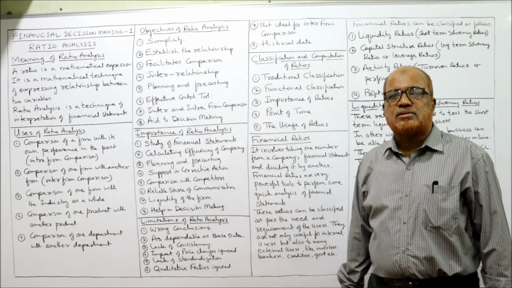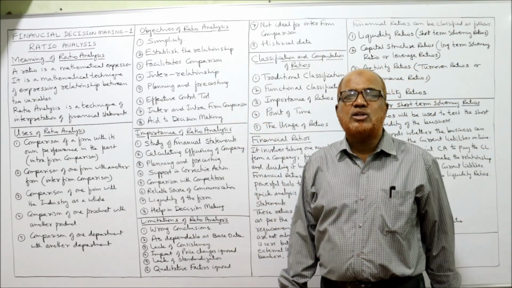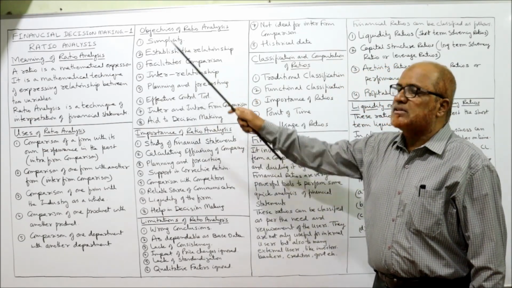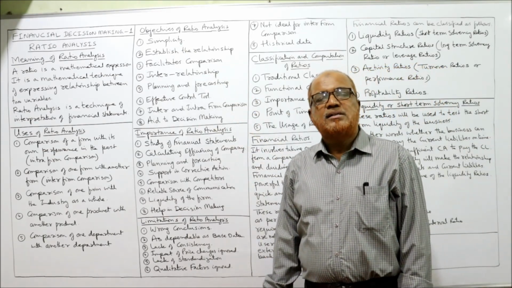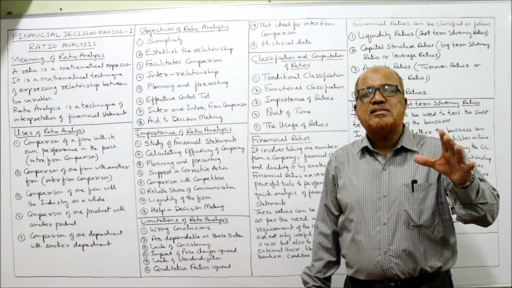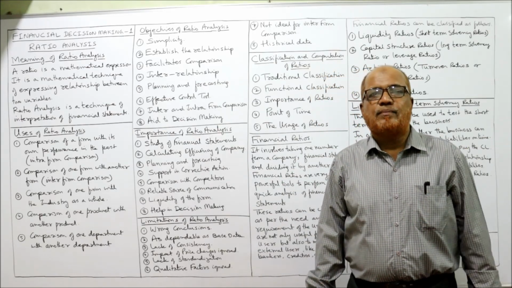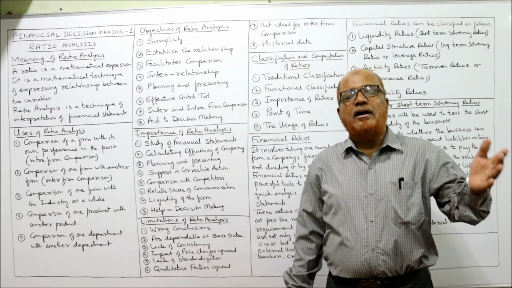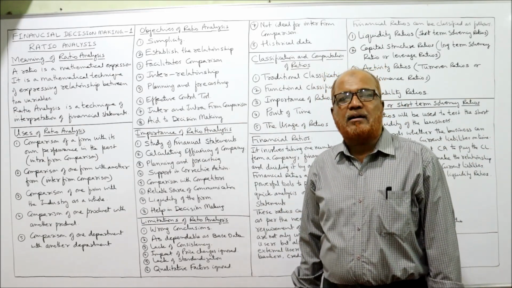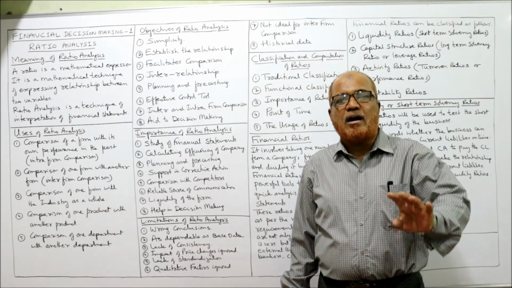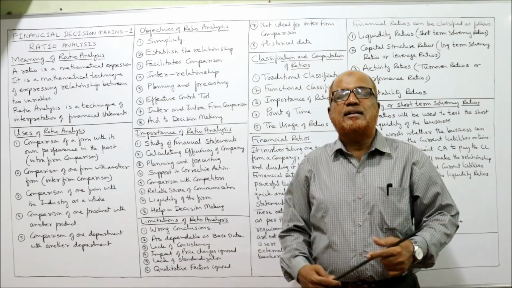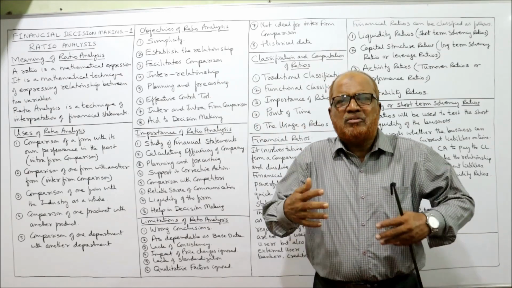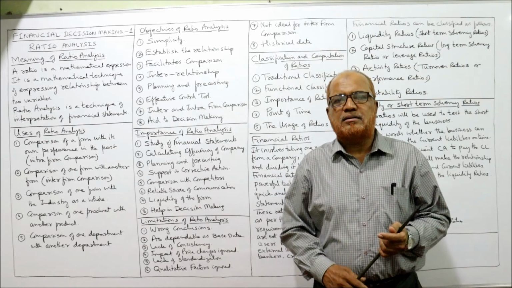Then objectives. Why will ratio analysis be used? The first objective is simplicity. Ratios are very simple to understand. For example, if a company earned a gross profit of 3 lakh when the sales are 10 lakh, it is a little bit complicated to understand.